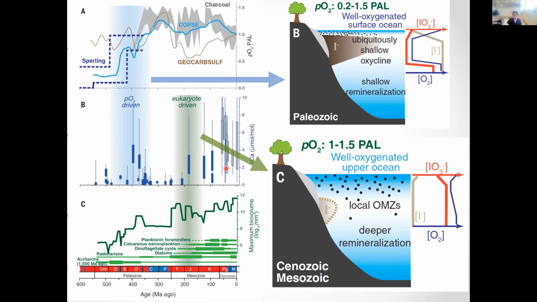And if we look at the vast majority of the ocean today, we have more or less this condition: well oxygenated, with iodate values that are relatively high throughout the water column. Occasionally you get some OMZ popping up around the continental margin.